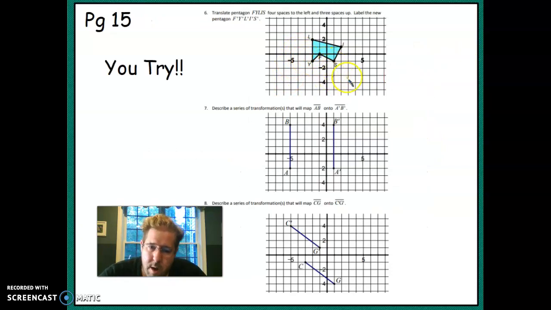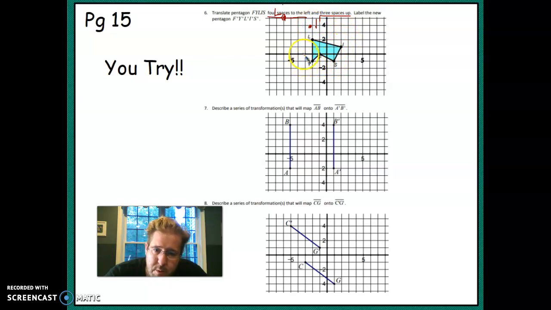All right, pretty much the exact same directions here, but we're going to be doing 2 things: 4 spaces left and 3 spaces up. The order does not matter when doing more than one translation. So 4 spaces left, 1, 2, 3, 4, and 1, 2, 3 up. So there's the position for L prime. 1, 2, 3, 4, 1, 2, 3 is I prime.